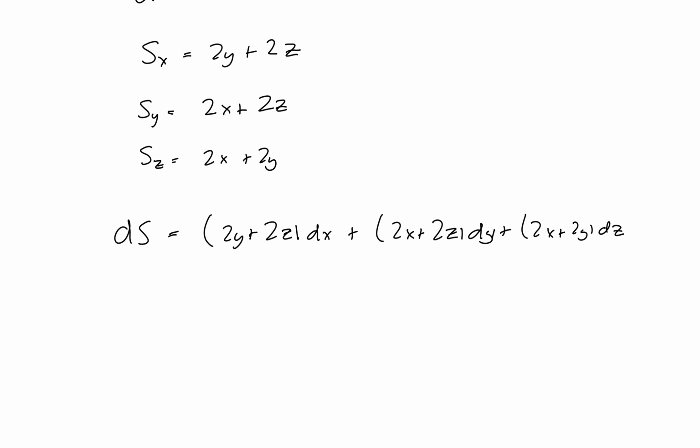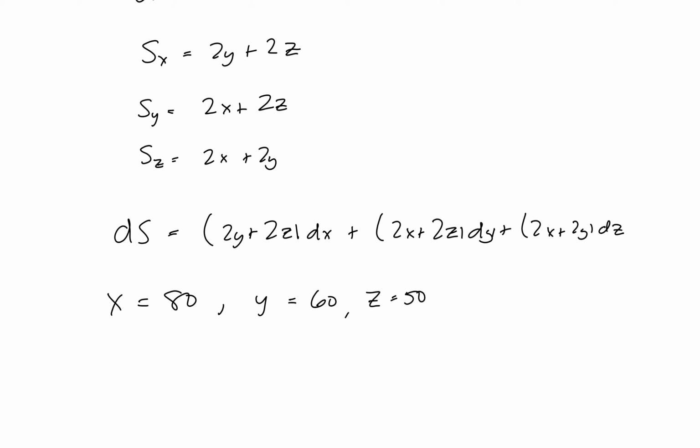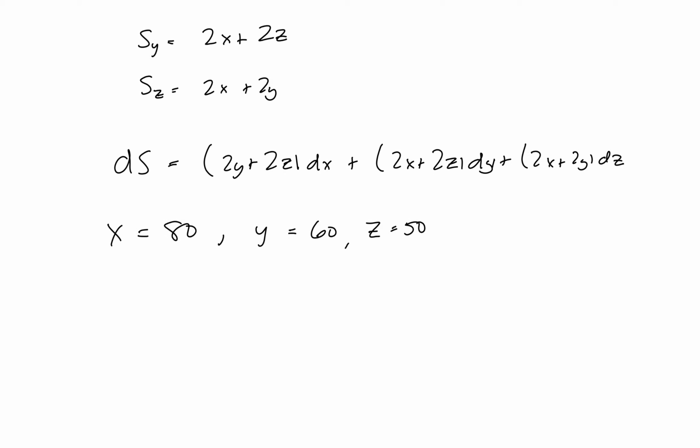And now we can call these whatever we want in terms of our numbers. So let's say x was the 80, y was the 60, and z was the 50. And now our error for each one was 0.2 centimeters.